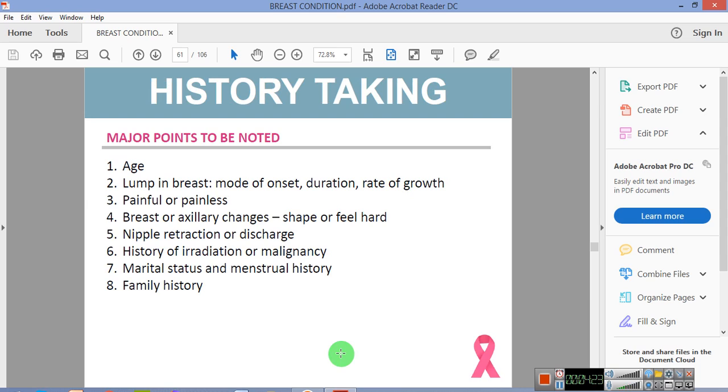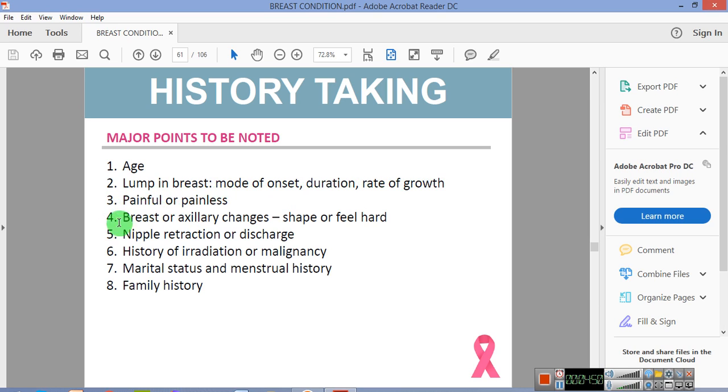History taking. When you are taking history, it is very important to ask about age, lump in breast, mode of onset, duration, rate of growth. When did you identify this tumor mass? Has it grown rapidly or not?